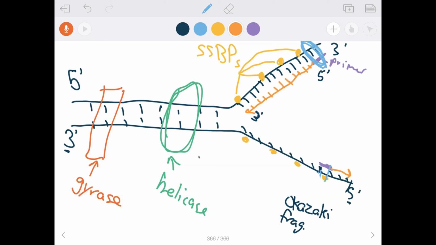That primer needs to go away. So the next fragment that's being built, the next Okazaki fragment, that polymerase will get to the primer, and it will pop the primer off, remove it, and fill in the gap where the primer was.